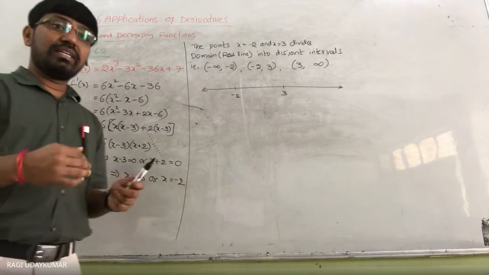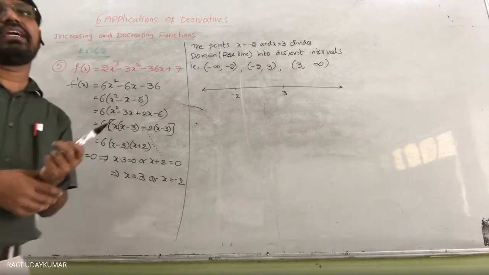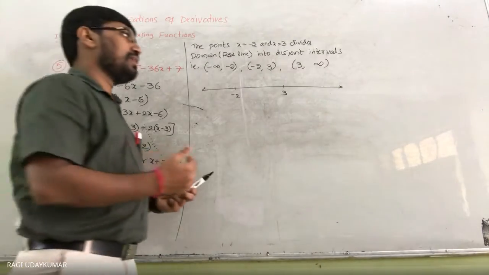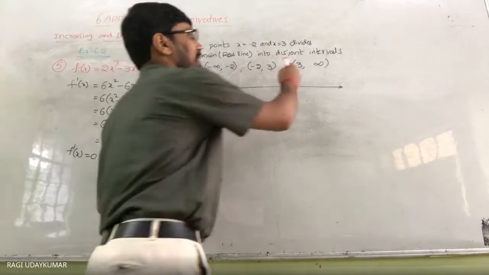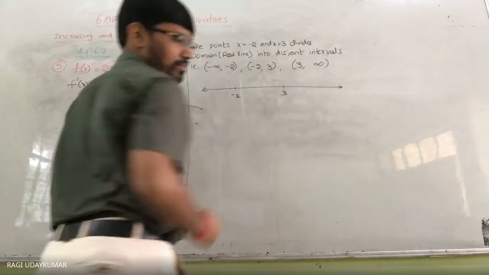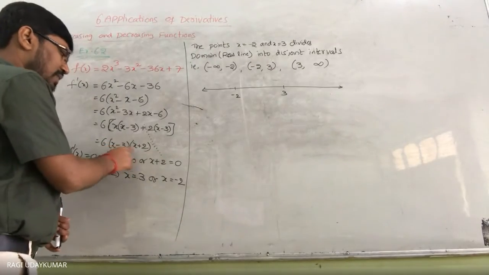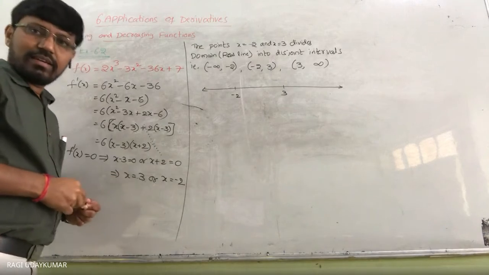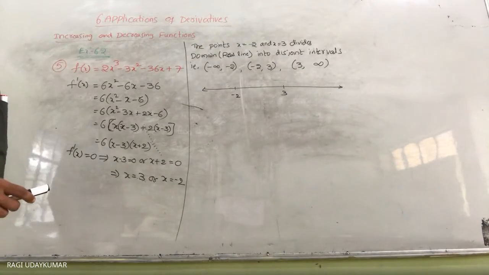But here we use the wavy curve method. The wavy curve method says that in the right side interval, the values are always more than 3, and whatever you substitute, it is always positive.